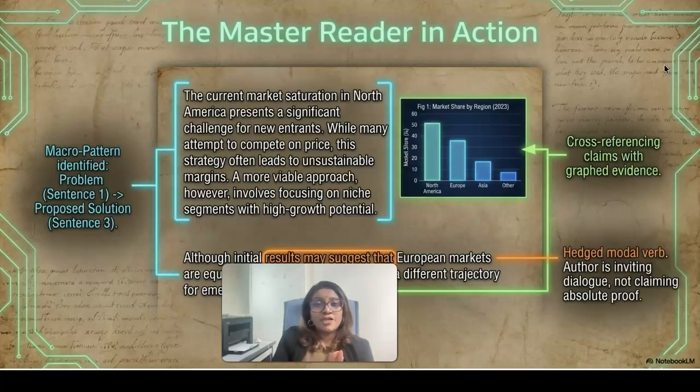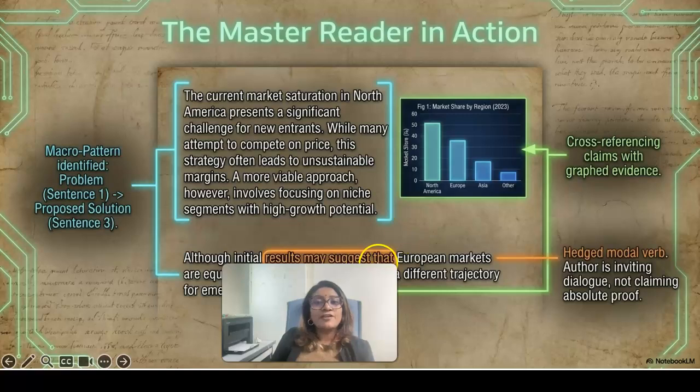So when you look at this, this is a text on current market saturation, where you're talking about the approaches to get a high growth potential. Over here, this is the text. This is the graph, isn't it? This is the evidence. When you read this, you're trying to identify what's the problem and what's the solution.